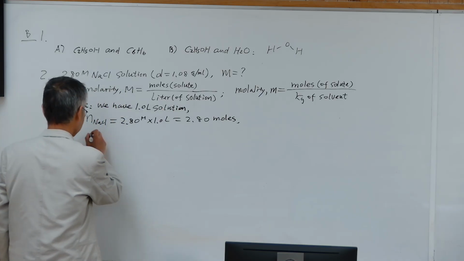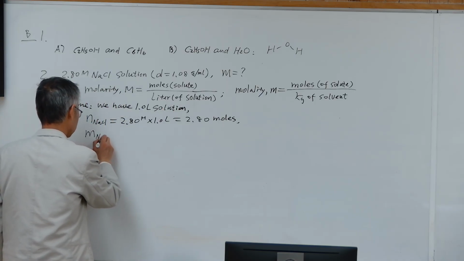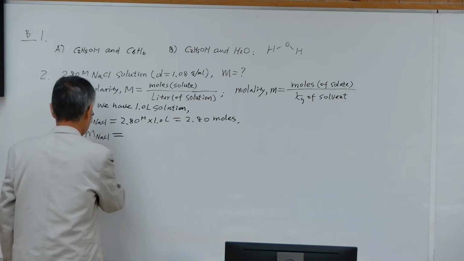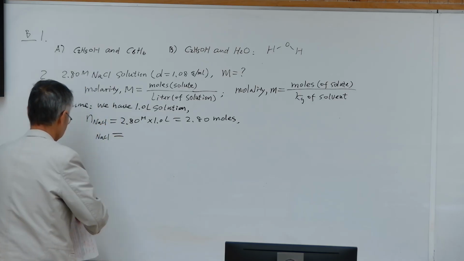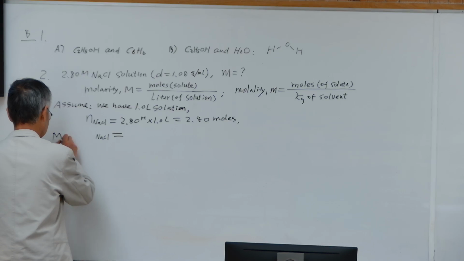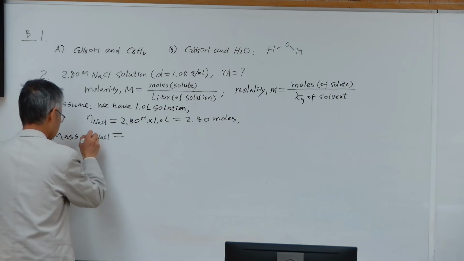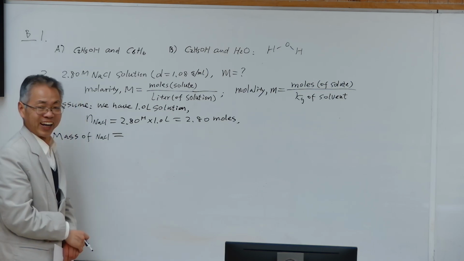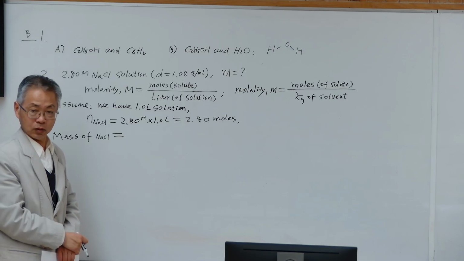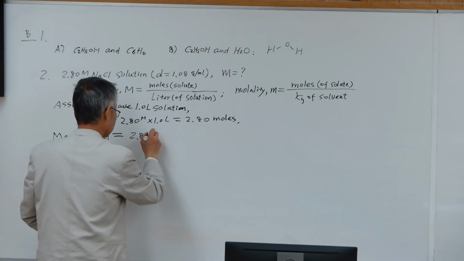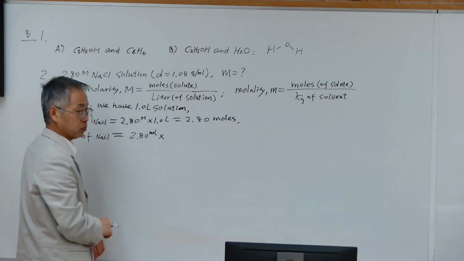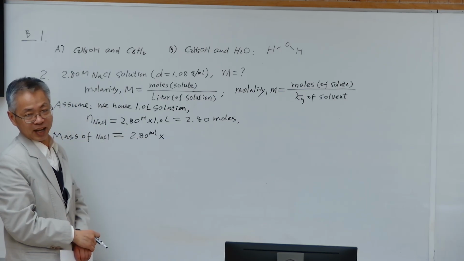Okay, so mass of solute, again, this is not a molality. Let me write it this way. Mass of NaCl, the solute, not the solution. So it is 2.8 mole times molar mass.